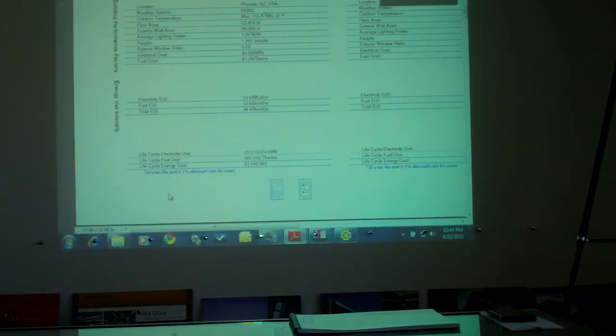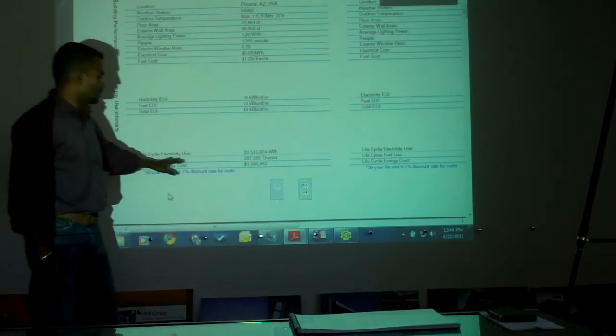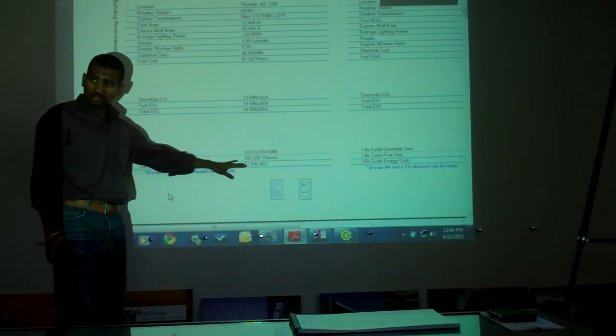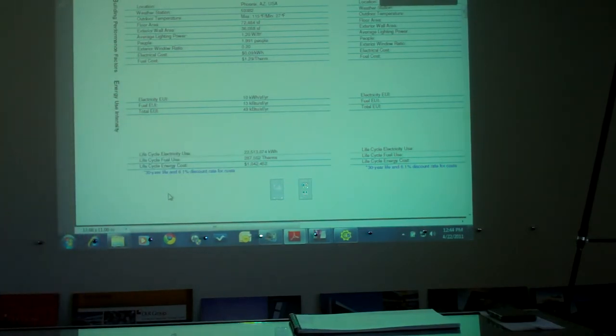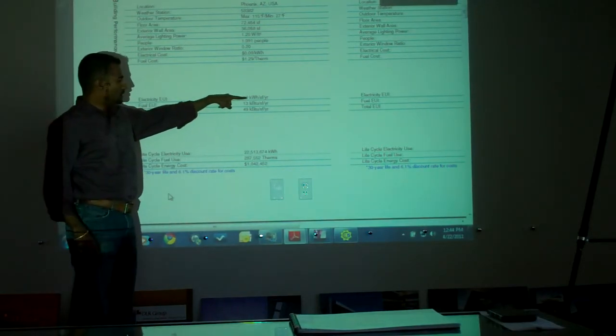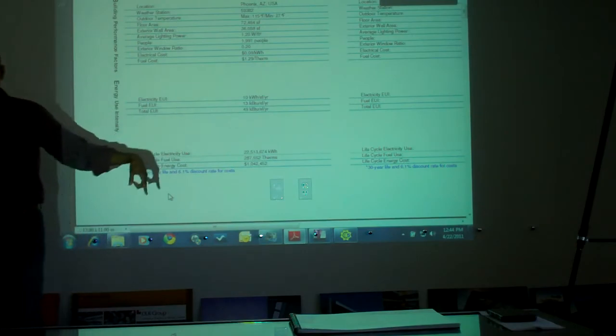I wouldn't look at that number too much, because in order to find out life cycle energy and life cycle cost, you have to have a very accurate analysis. So please ignore this information. It's just a rough number that's there. The units are different between electricity and fuel. This is in kWh, so you multiply that by 3.412.